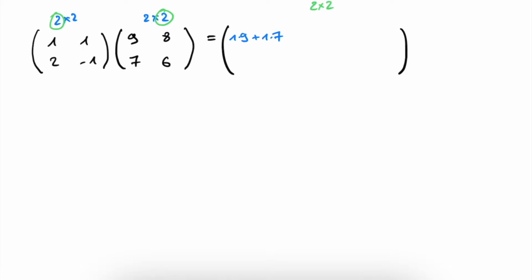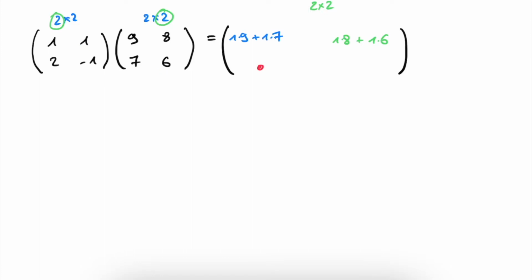And that's already our first result. For this element on the first row and the second column, we look at the first row of the first matrix and the second column of our second matrix. And again, we multiply these two and we add the product of these two numbers. So we get 1 times 8, which are these two, plus 1 times 6, which are these two.